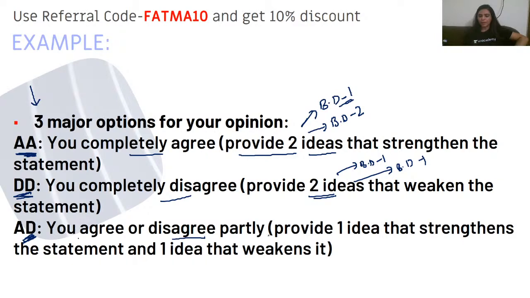So एक body paragraph में आप क्या कर सकते हैं कि pick out one idea and talk about one idea or one point in support that strengthens the statement, और एक में आप बात करिए that one idea that weakens it in your second body paragraph. This is how you will be structuring your content.